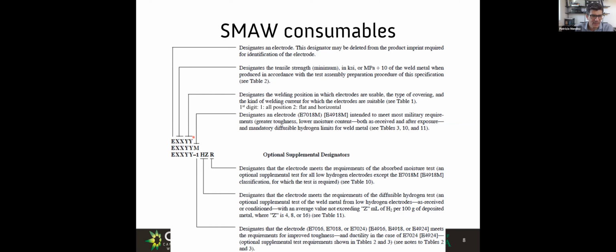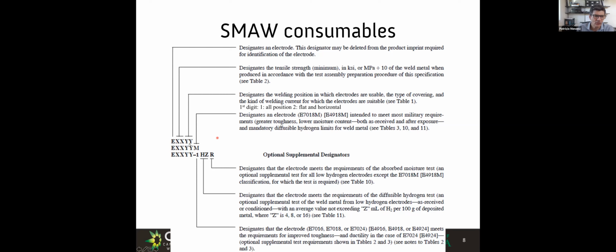The last digit is the one that captures the type of slag system we have. So cellulosic based on sodium would be a 0, and we would have 6010, which some of you are all too familiar with. If we have an iron powder, lime type of slag, low hydrogen would be an 8, and we would have 7018, which you know all too well.